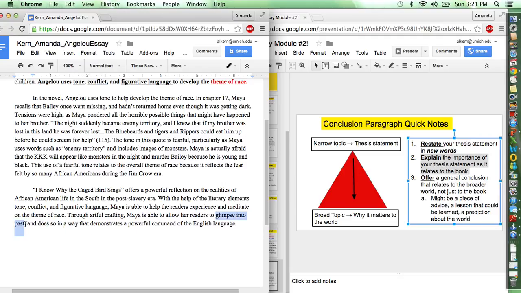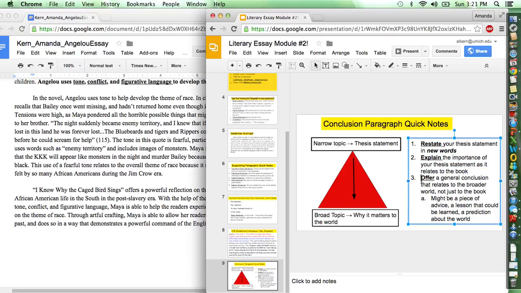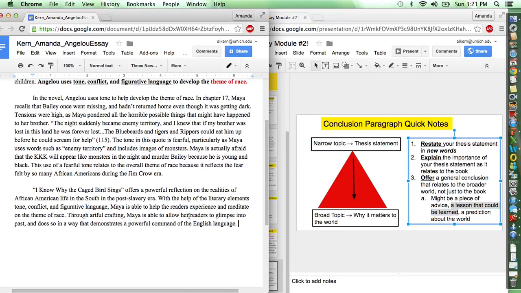So on that note, it's time for me to offer some kind of general conclusion that relates to the broader world outside of the book. If I look at my options here, I think that the best thing for me to do might be to touch on a lesson that could be learned from Maya's experiences, since I just said that the book offers readers a glimpse into the past.